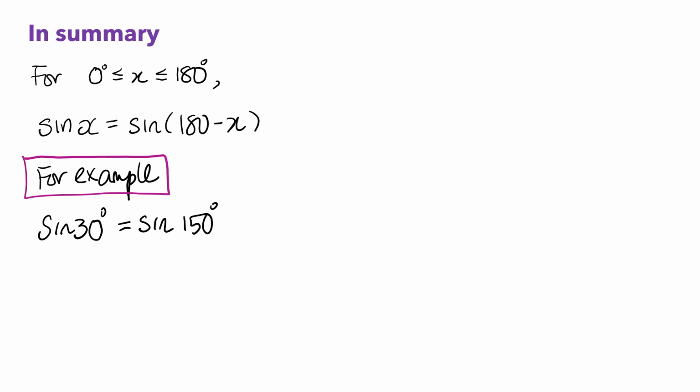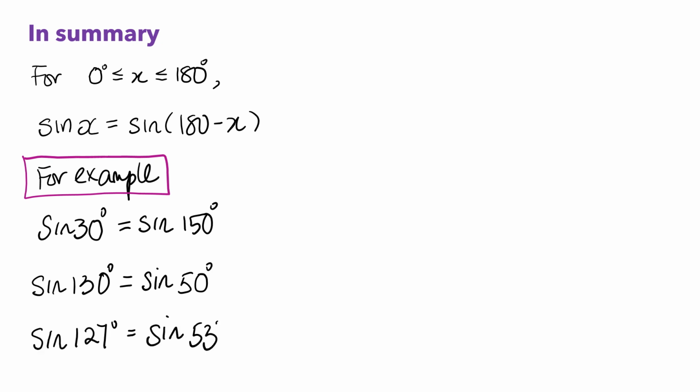The ratio for sine 30 degrees is half, which is equal to the ratio for sine 150. That is what it means. So for example, the ratio for sine 130 will be the same answer as sine 50. And the ratio for sine 127 is the same as sine 53. Okay, so that is for sine.